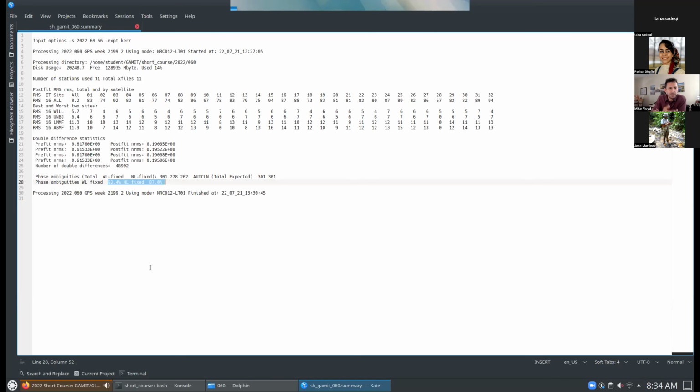One of the key things here is you have a post-fit NRMS of about 0.2, which is normal. Your post-fit RMSs, the best and the worst two sites a little bit above, are 10, 12 millimeters, which again is quite normal. And your ambiguity fix rate is pretty high, 85, 95%, which is what we would expect for modern data.